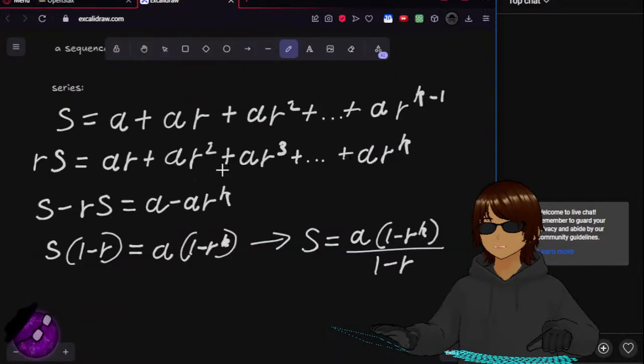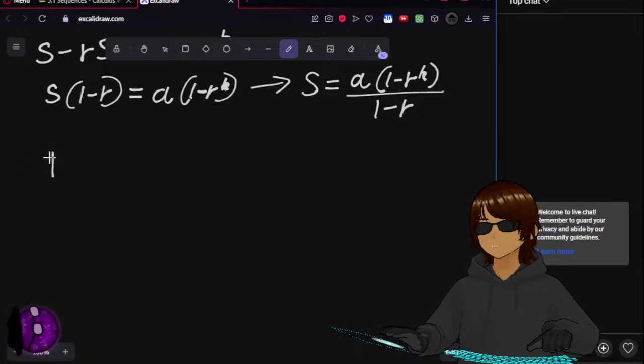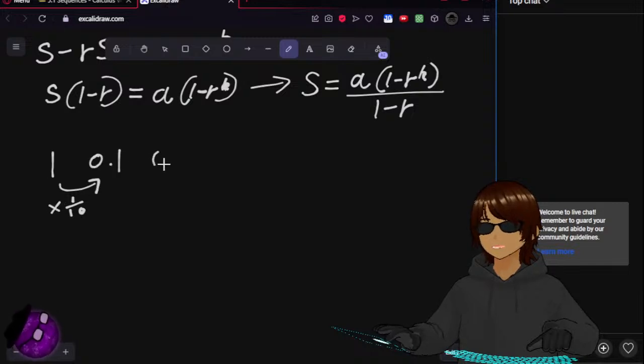This is when the series terminates. Now let's think of another example where the first term is 1 and the ratio is 1 over 10. So times it by 1 over 10. Then the next term would be 0.1, and then the next term would be 0.01, then the next term would be 0.001, till infinity.